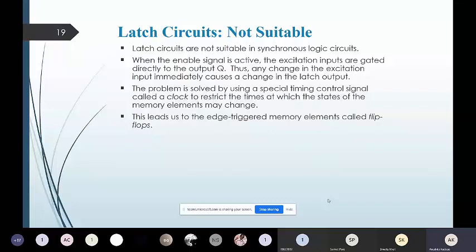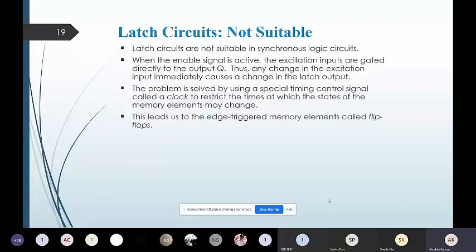Because here, as per the enable signal status, the excitation inputs will be given as the output Q value. But this will have a problem in changing the output as per the change in input values.